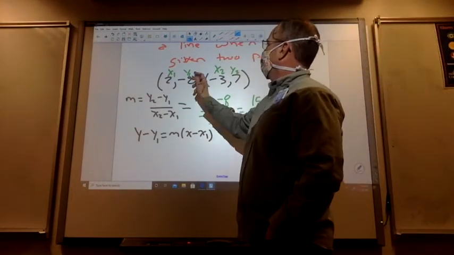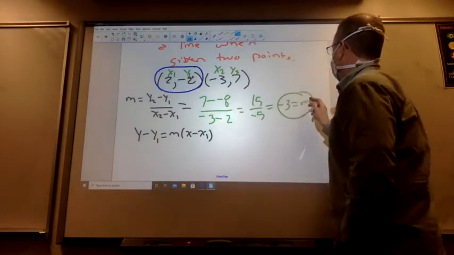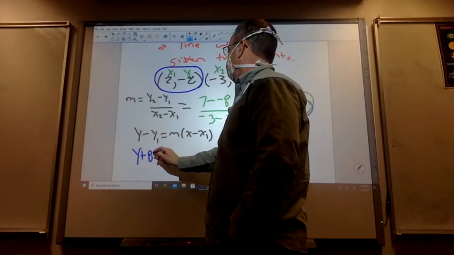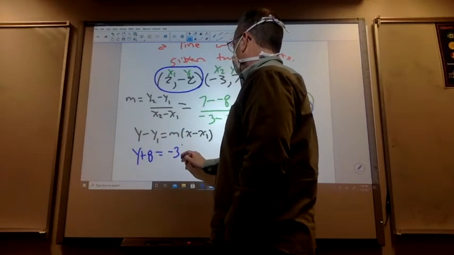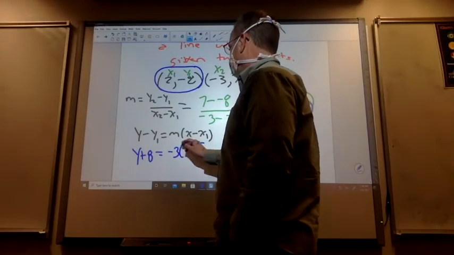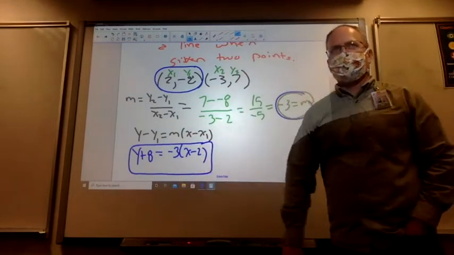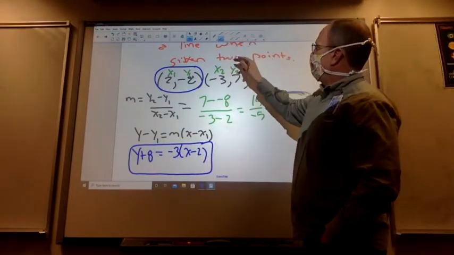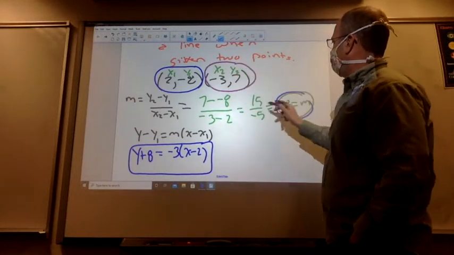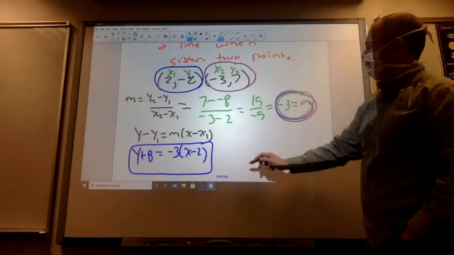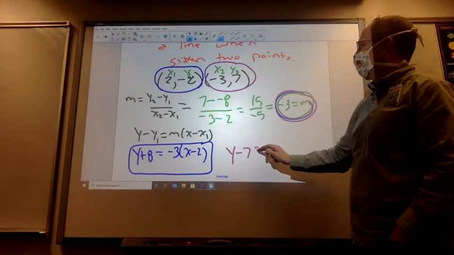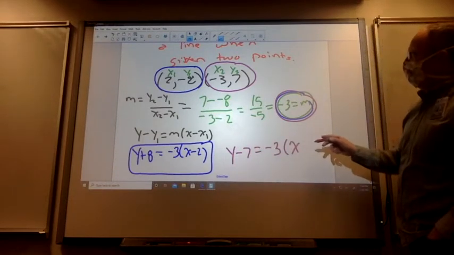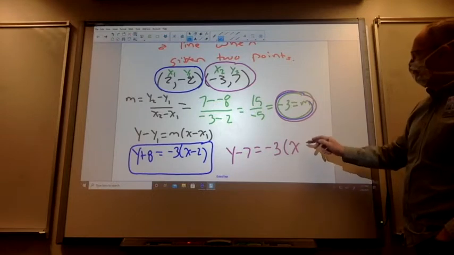So if I used these values and the slope, I'm going to get y plus 8 equals -3 times x minus 2. So that's the linear equation that goes with it. But if you had used this as your x1, y1, and this, you still get the same slope, you would get this for an answer. Let's see, what am I looking for? x2 plus 3.